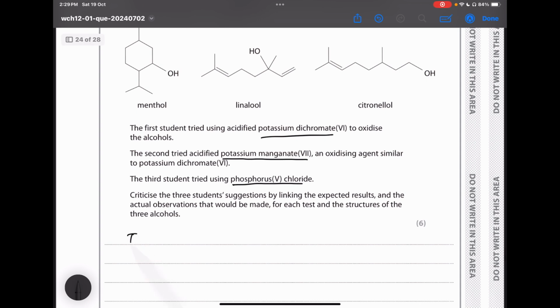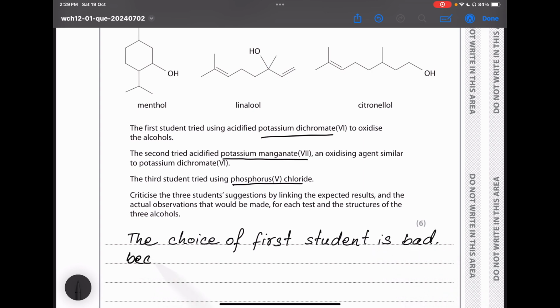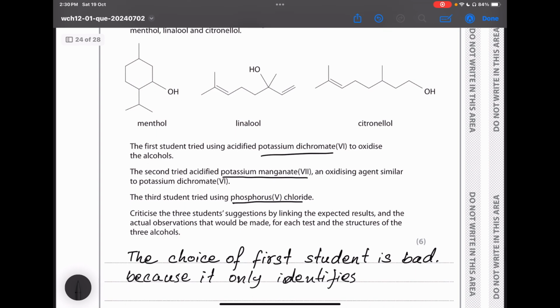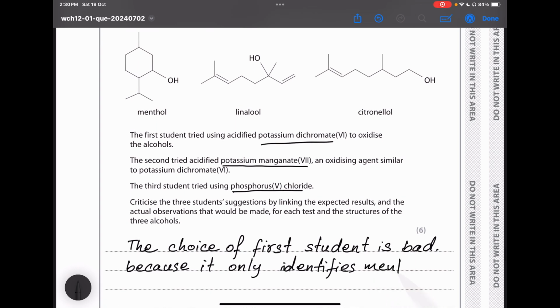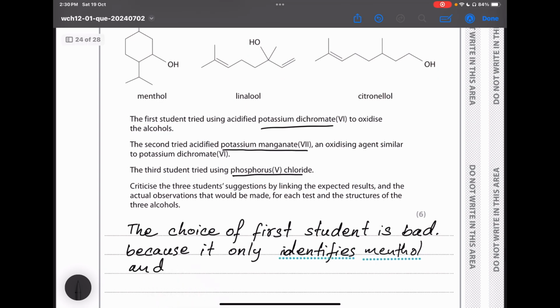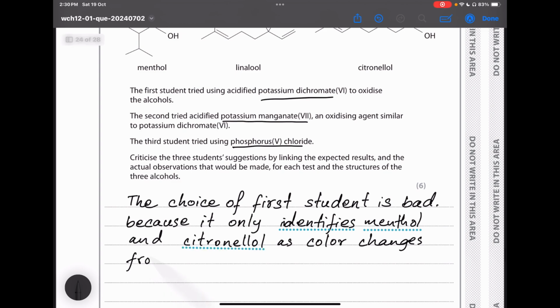Okay, for the first student, the choice of first student is bad because it only identifies menthol and citronellol as color changes from orange to green, right?